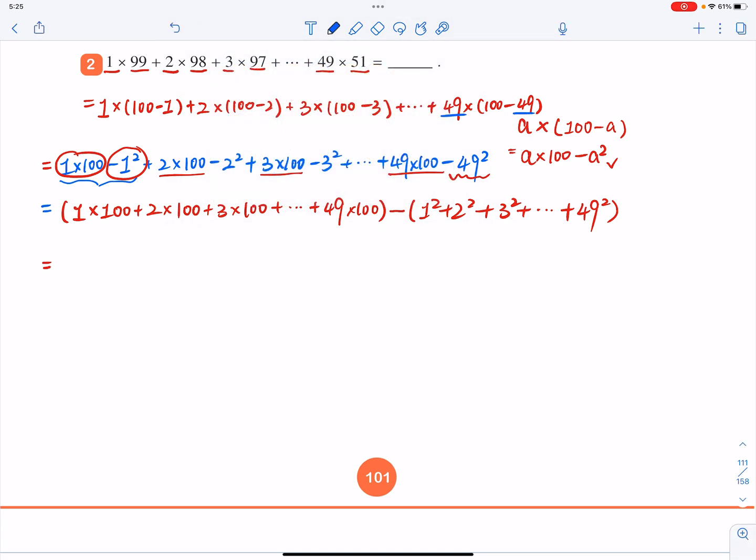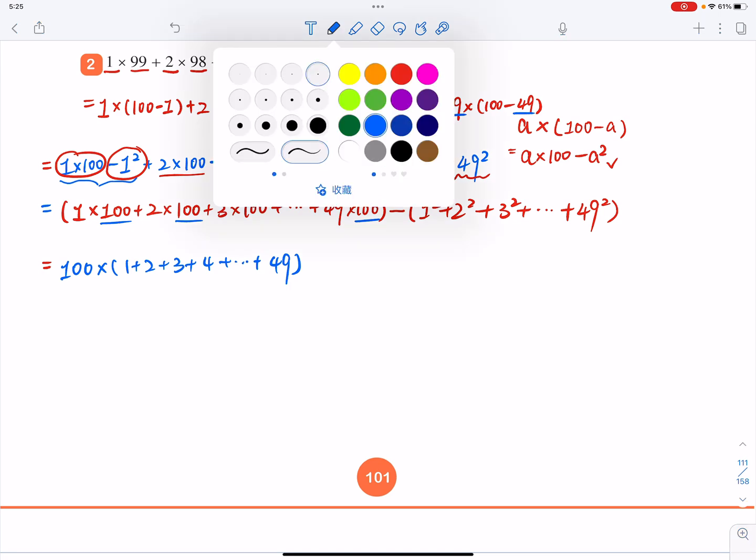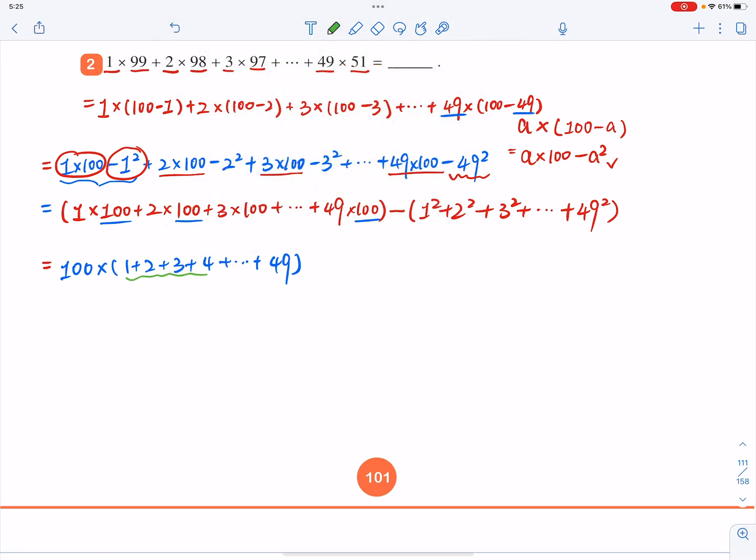As for the first one, you'll find each term, you got a common factor, which is 100, right? So we can just extract that out. So 100 times by 1 plus 2 plus 3 plus 4 all the way to 49, which is the sum of an arithmetic sequence. I think it's easy for you guys to get this number, right?